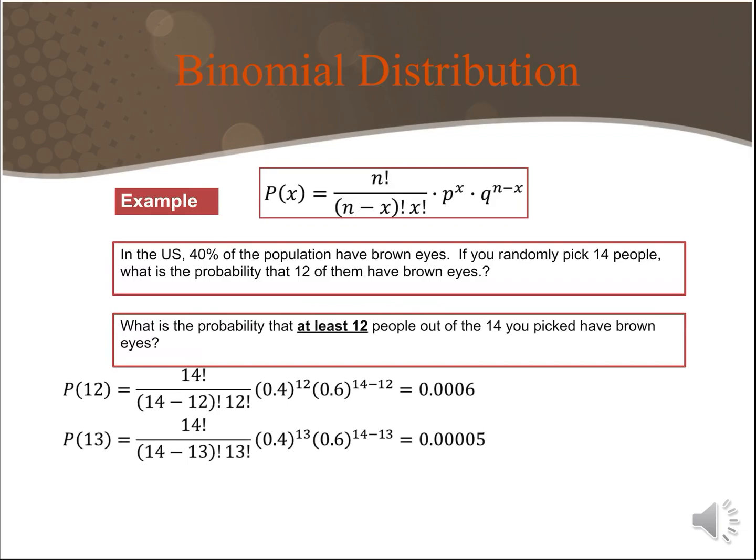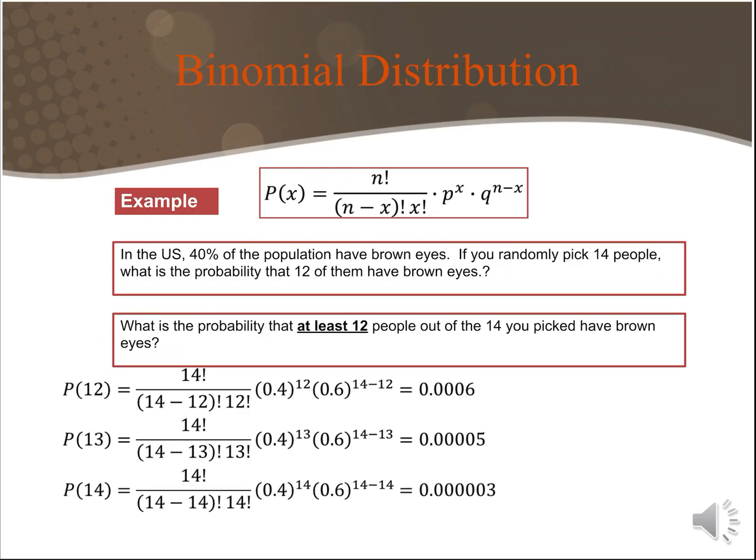We already figured out the probability of 12 people. So if we use the same process and find the probability that 13 people have brown eyes, we would get 0.00005. And the probability that all 14 of the randomly picked individuals have brown eyes is 0.000003.